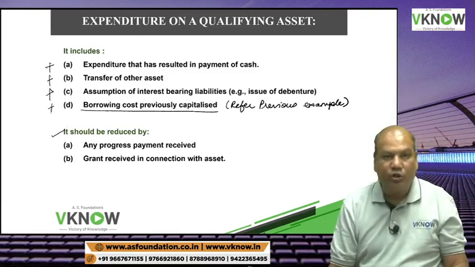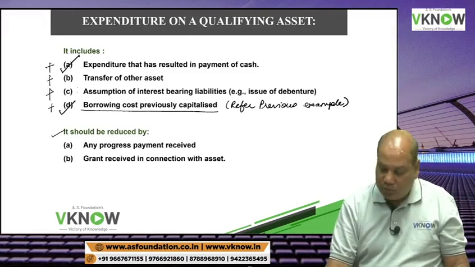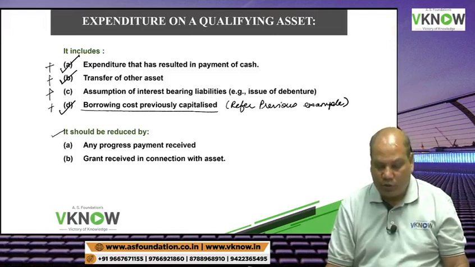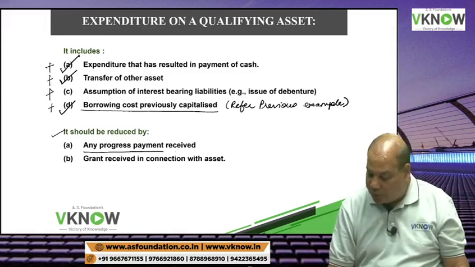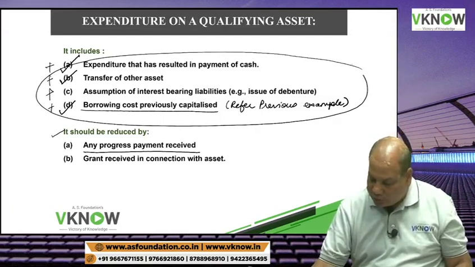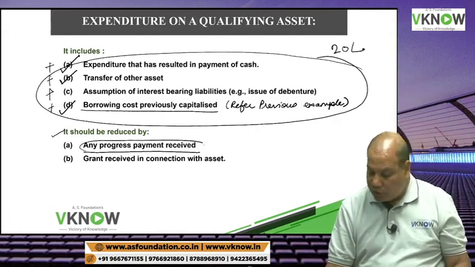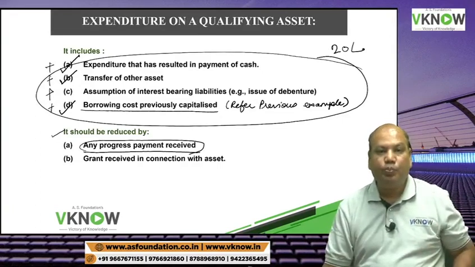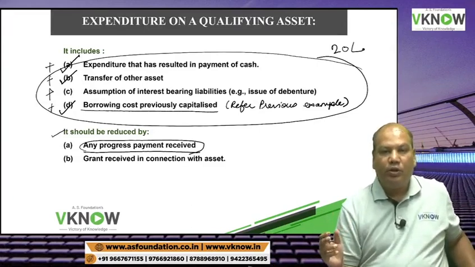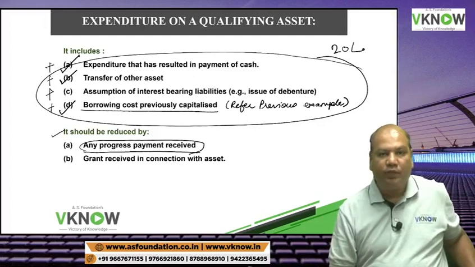So this you will add. Most of the exam questions I have seen will cover only either A and D. Sometimes they give you adjustment of B also. And you have to deduct any progress payment received. This is the expenditure you have incurred, suppose 20 lakh, but you might have received some progress payment also. Like if you are doing construction of a building, then the client or contractee gives you some advance payment.